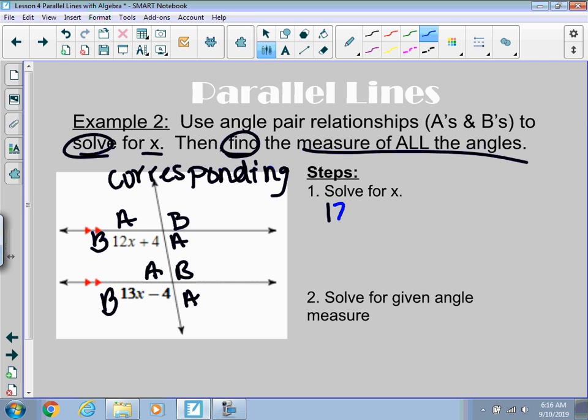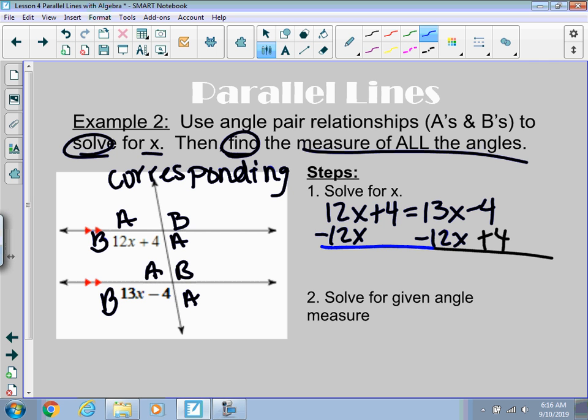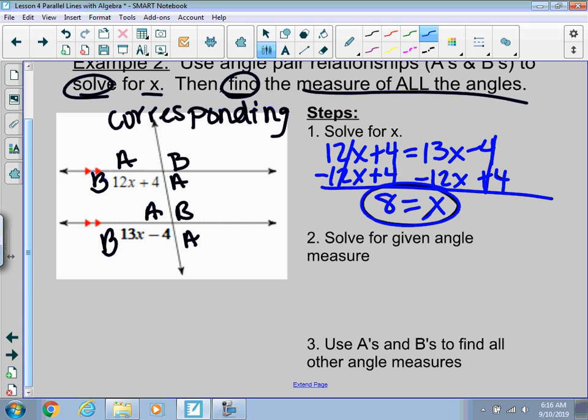So we have 12x plus 4 equals 13x minus 4. I'm going to subtract 12x from both sides and add 4 to both sides. So we get 8 equals x again. Okay, so 8 equals x, and then I'm going to plug 8 into one of my numbers.